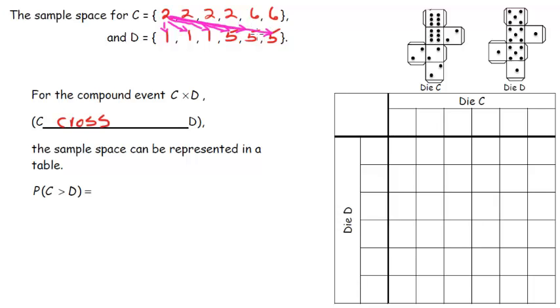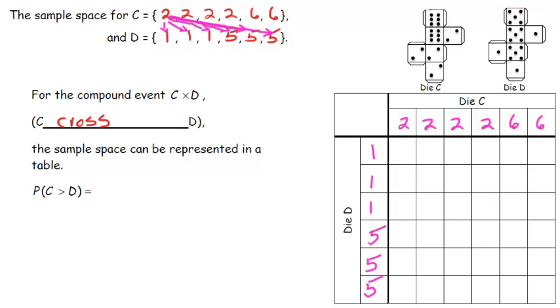and so forth. So the sample space is most easily represented in a table. So here I might have 2, 2, 2, 2, 6, and 6. And down here I could have 1, 1, 1, 5, 5, and 5.